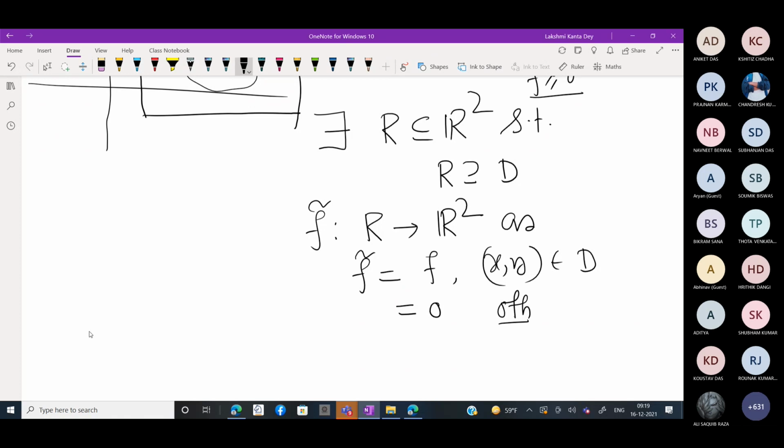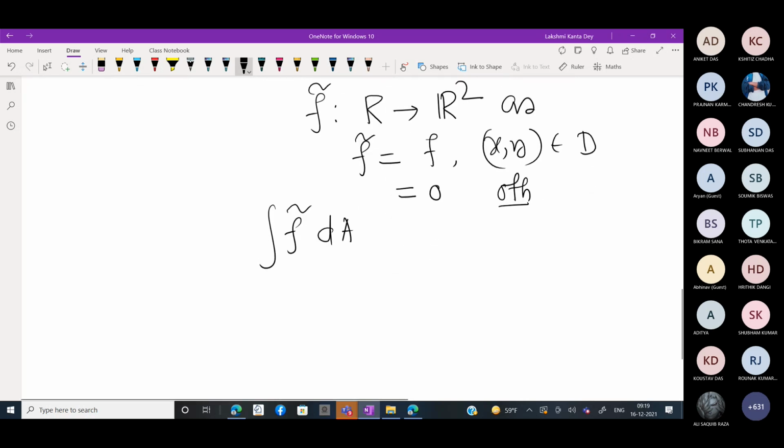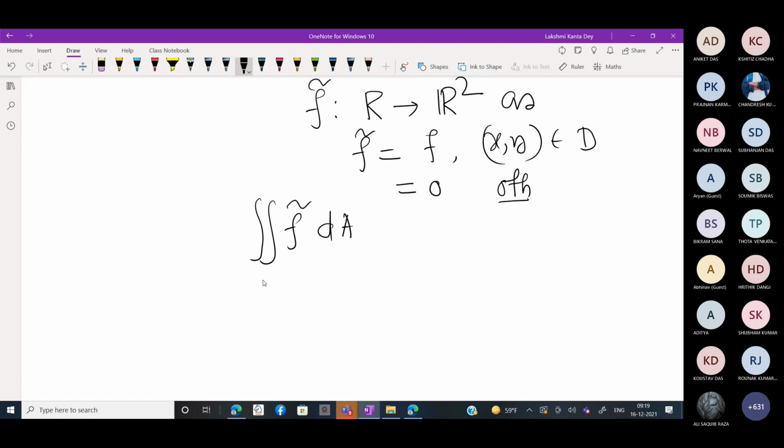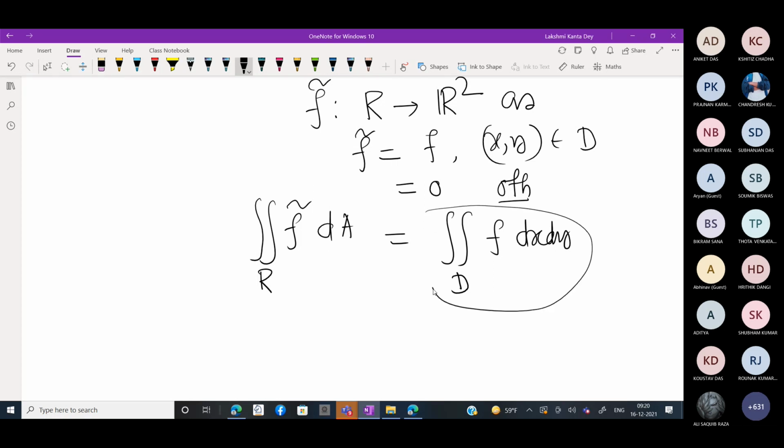So what is the double integration of F tilde dA over the rectangle R? It is equal to the double integration over D of f dx dy, or dA, whatever you write. This is exactly the same, because we know how to handle the rectangle by means of repeated integral.